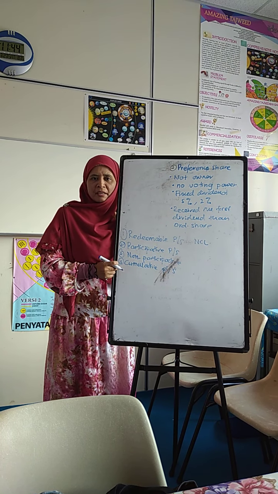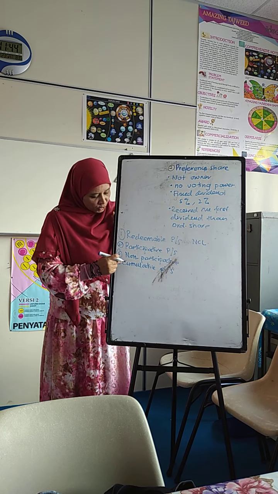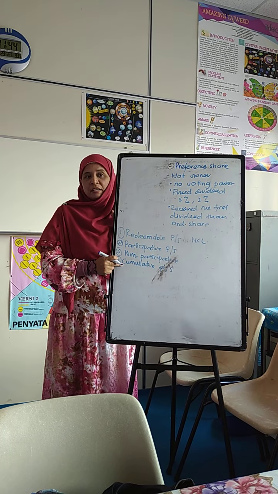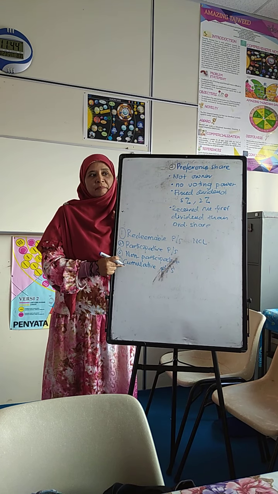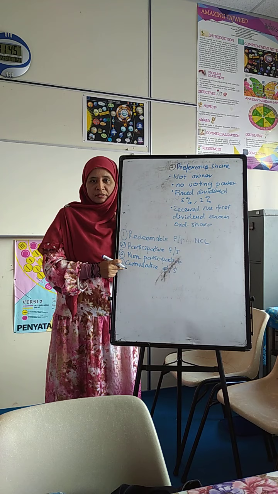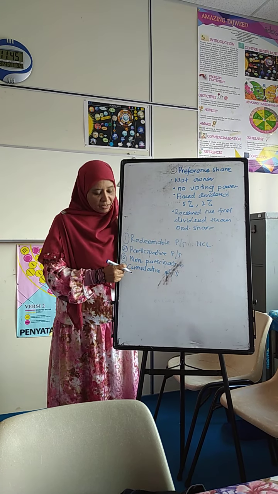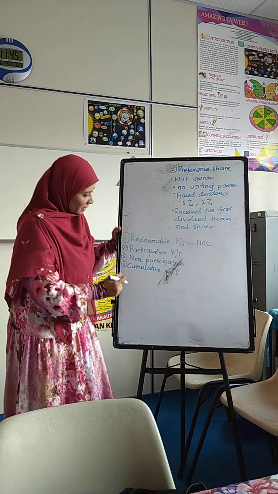If the company is not making enough profit, the dividend will be gone. But for the cumulative, if they cannot receive the dividend because of the loss the company made, it can accumulate or be brought forward to the next year. This is what cumulative preference share means.